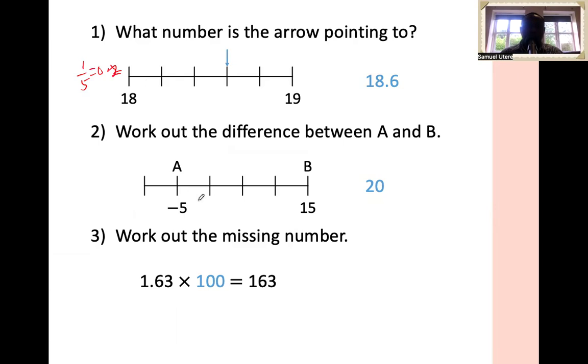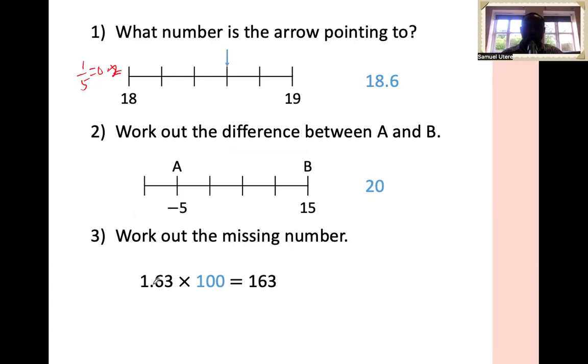Here again, we know the start is -5 and the end is 15. So they're asking you to work out the difference between A and B. The difference is 20. And then here, to work out the missing number, it is 100 because 1.63 times 100 shifts the place value of these numbers such that this shifts 2 places, that shifts 2 places, and that shifts 2 places.